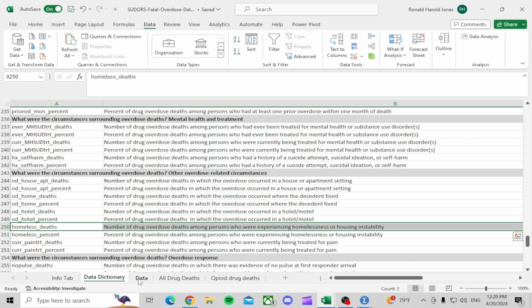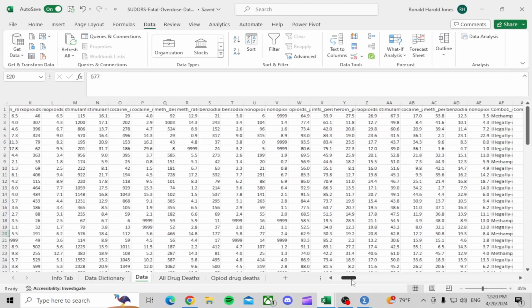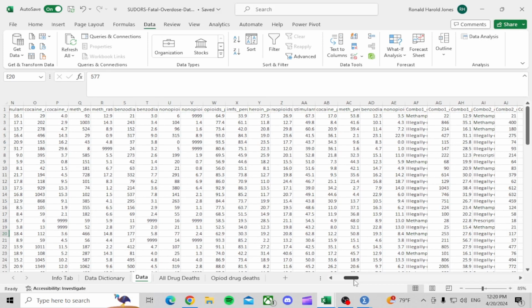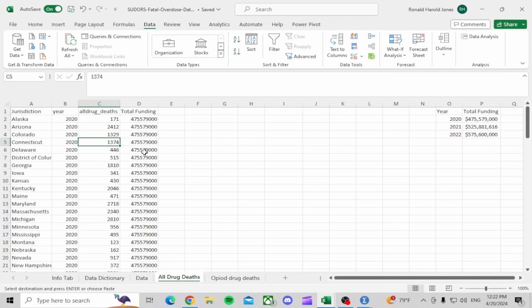So we'll find that here, homeless deaths. All right, where are you at? Homeless deaths. Let's copy this. So out of 171, 12 of them were homeless.